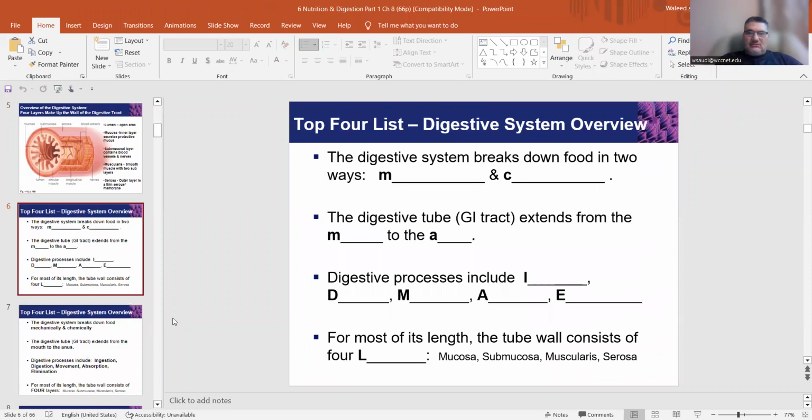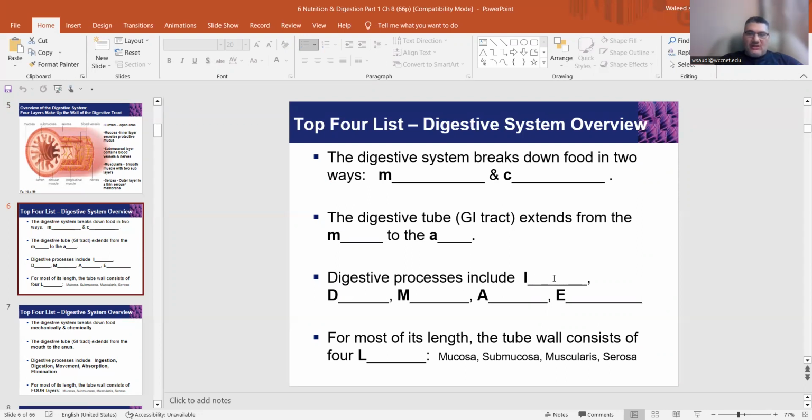So here it is. What are the two types of breaking down? Which is digestion, mechanical digestion, and chemical digestion. The tract, which is the same as the canal, tract or canal is the same, starting from the mouth to the anus. What are the processes that you have here?